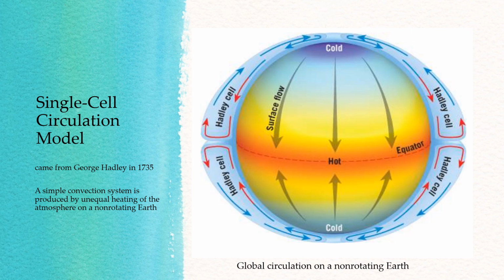In Hadley's model, the warm equatorial air rises until it reaches the tropopause, where it spreads towards the pole, where cooling causes it to sink and spread out at the surface, moving equatorward.